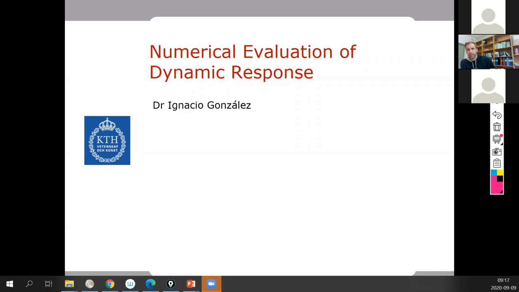Okay, today we're going to go through the numerical evaluation of a dynamic response. If you have followed the course plan so far, you have already gone through how we can calculate the maximum dynamic response using things like the dynamic amplification factor, if we have a sinusoidal load in our structure.